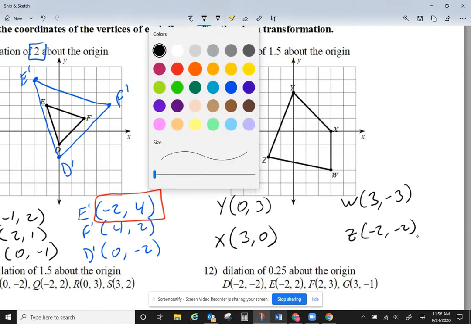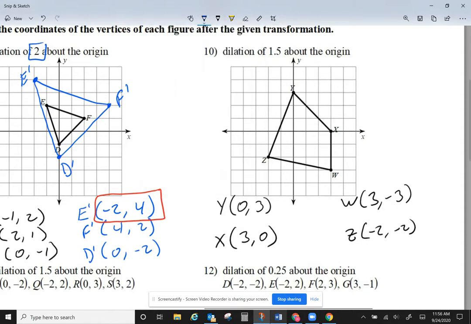So now to find the coordinates after a dilation of 1.5, each of my values, each of my numbers, I'm going to multiply by 1.5. So if I ask you for the coordinates of Y prime, what I'm expecting you to type is 0, 4.5.